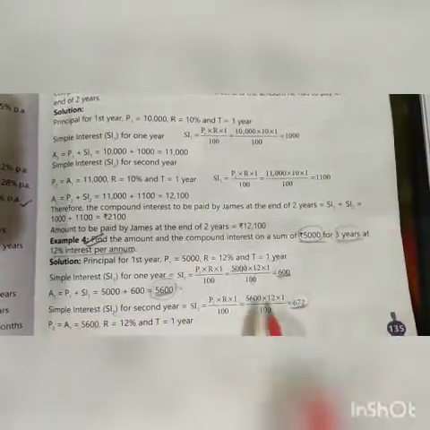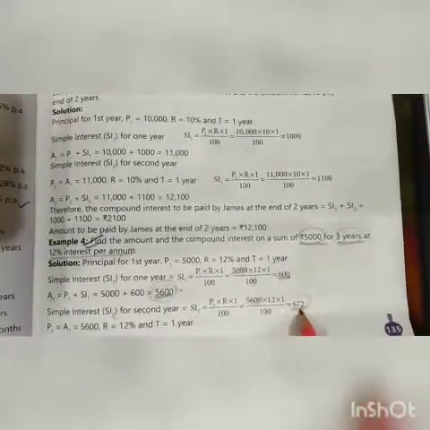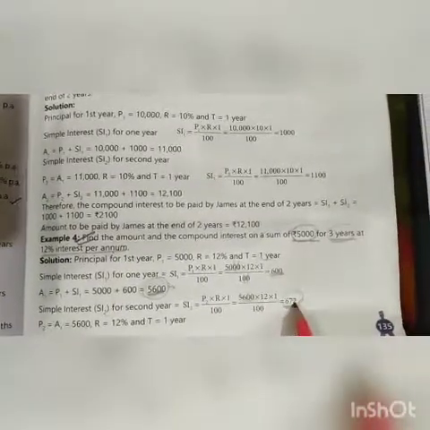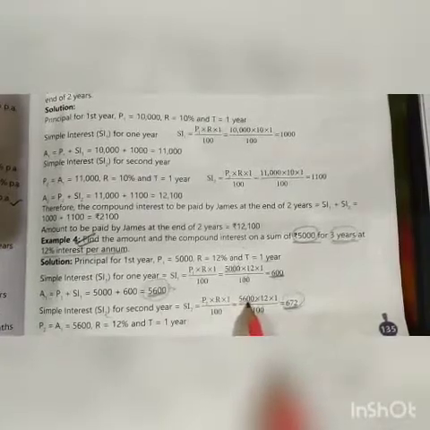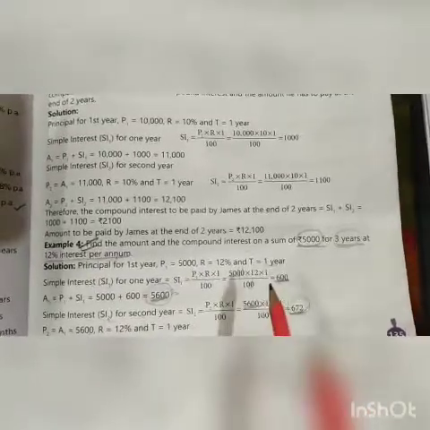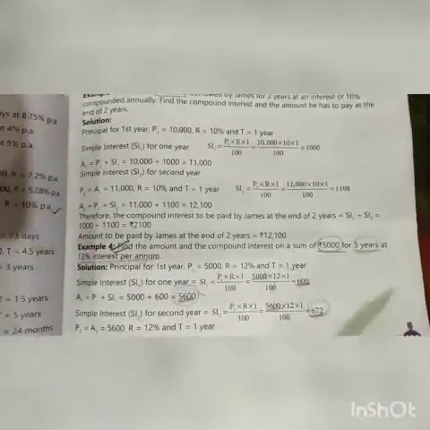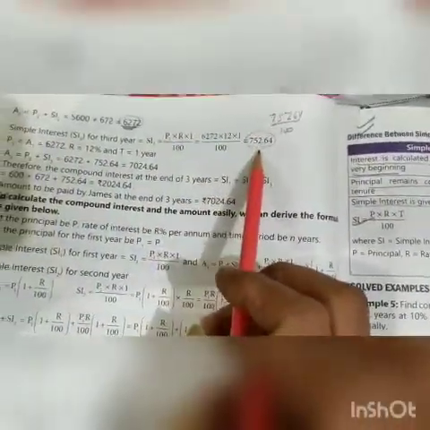Interest of the second year is greater than interest of the first year. After getting this interest, we add it to this amount, which is the principal. After adding these two amounts, we get the principal for the third year. And using that amount, we find interest for the third year.